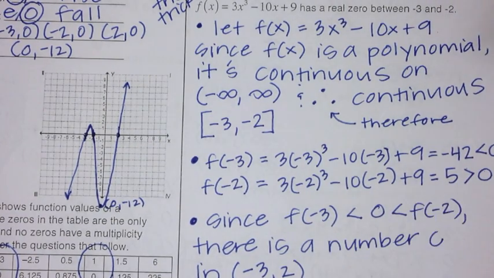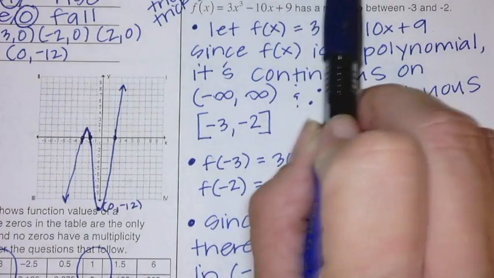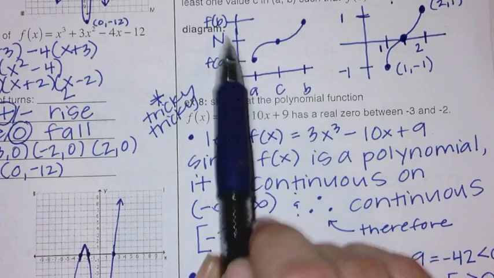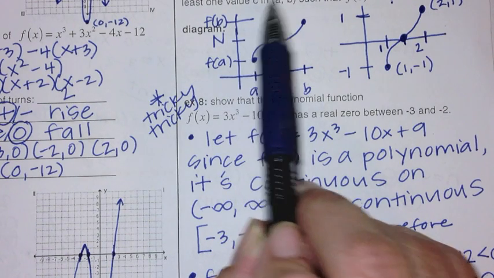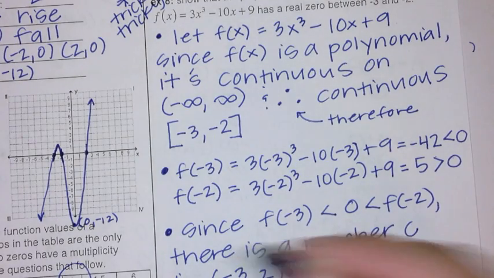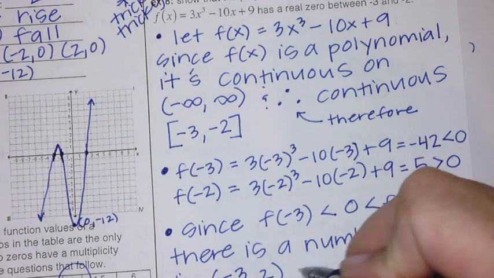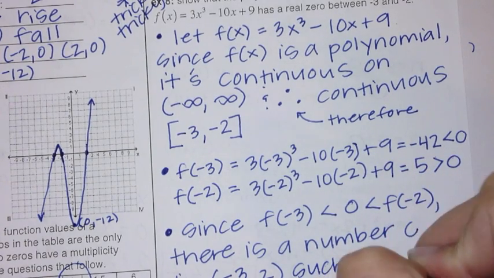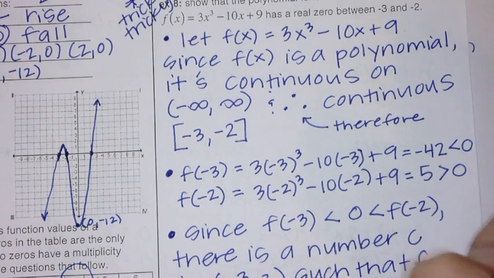So that's why we're using the definition up here, the second part of it, at least one value c in the interval (a, b). So there is a number c in (-3, -2) such that f of c equals 0.